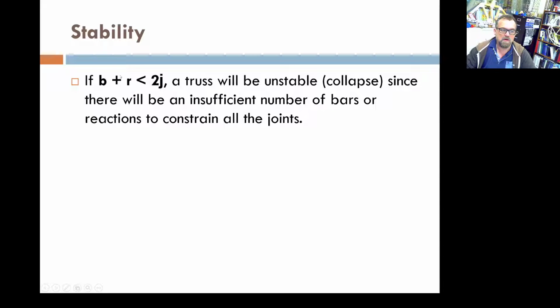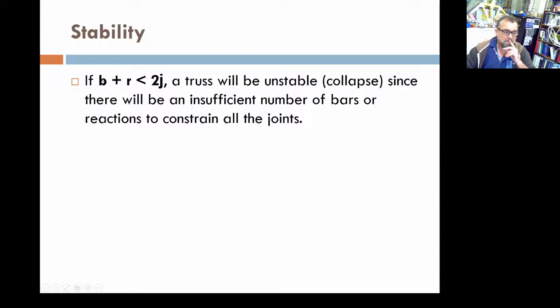This is what I was telling you about instability. If the number of unknowns is smaller than the number of equations, then the structure might be or will be unstable. In this case, don't look at it from the mathematical point of view, because you can see also here that the system of equations is unstable. But look at this from the physical point of view.